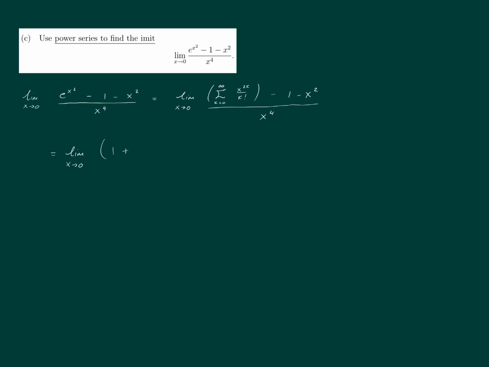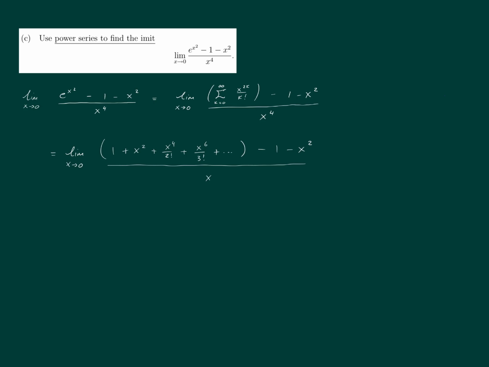So this would be 1 plus x squared plus x to the 4 over 2 factorial plus x to the 6 over 3 factorial and so on, minus 1 minus x squared.